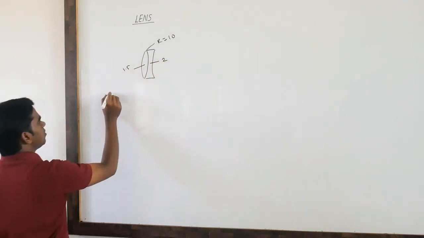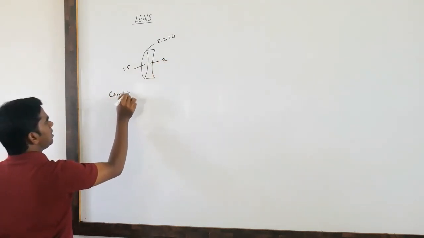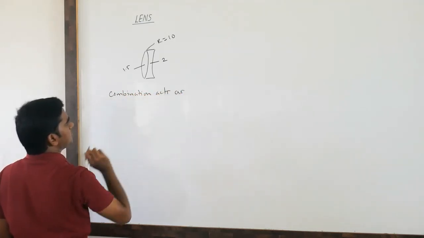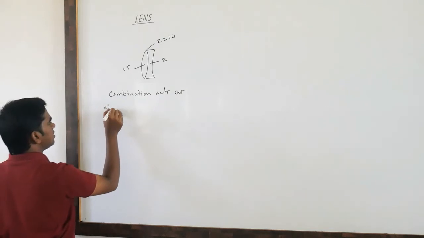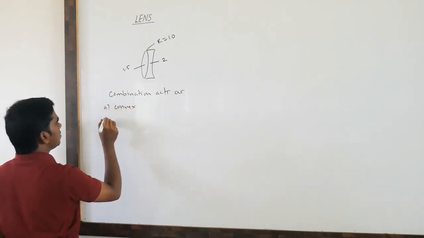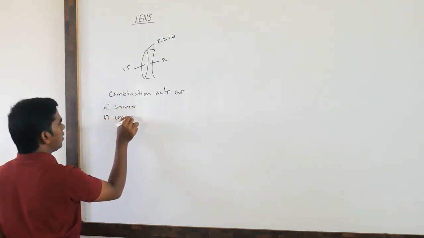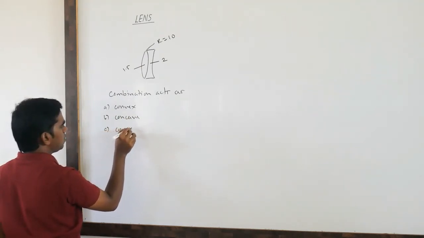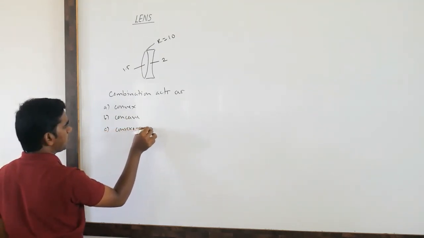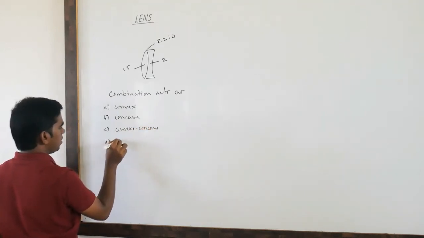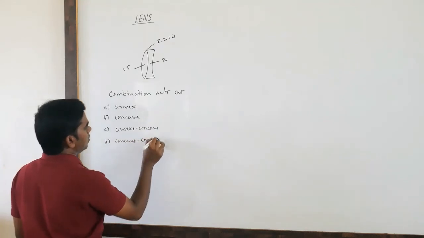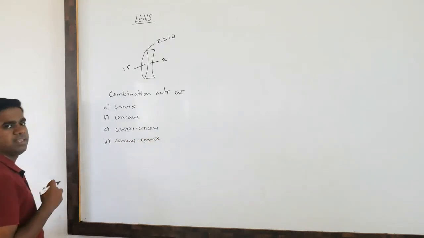The question is: the combination acts as, say, convex, concave, convexo-concave, or concavo-convex. So we have to find the equivalent focal length.